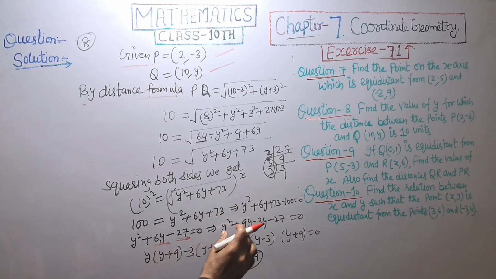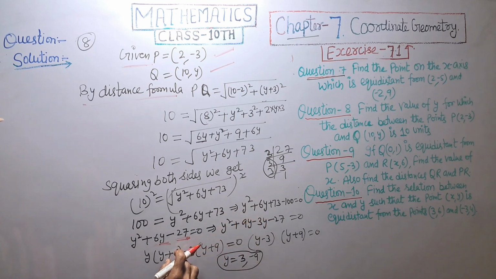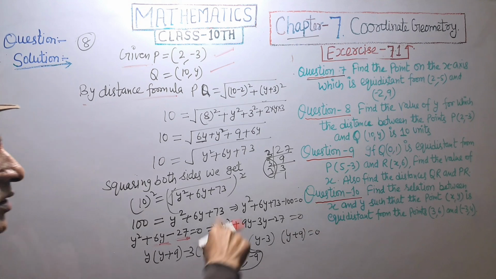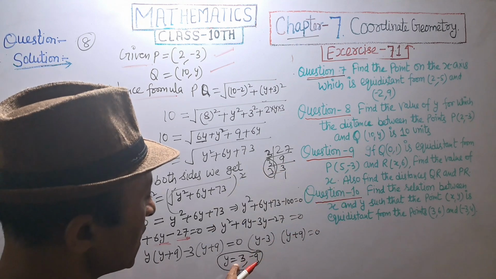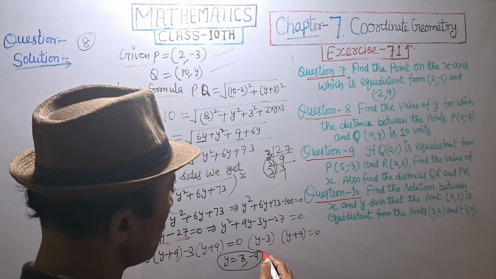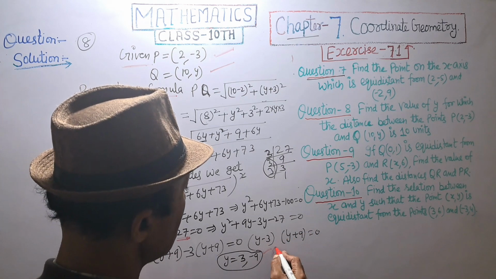Taking common y, in bracket y plus 9, and taking 3 common, so y minus 3 is common, y plus 9, that is 1 times common equal to 0. Y minus 3 equal to 0 means y equal to positive 3, and y plus 9 is equal to 0 means y is equal to negative 9. Answer.